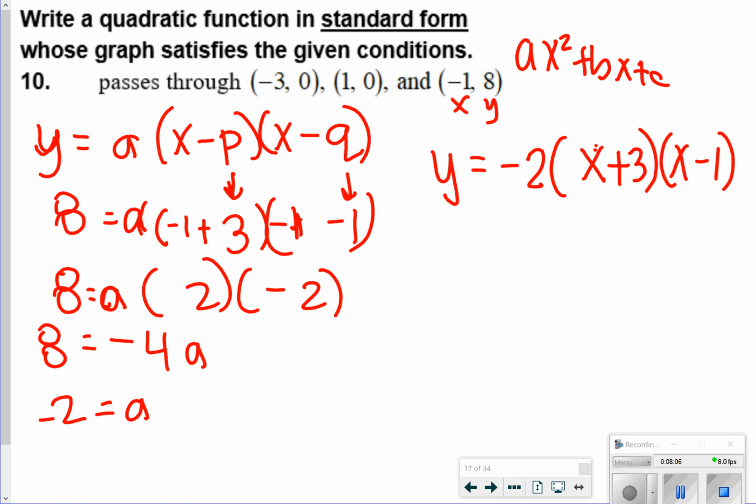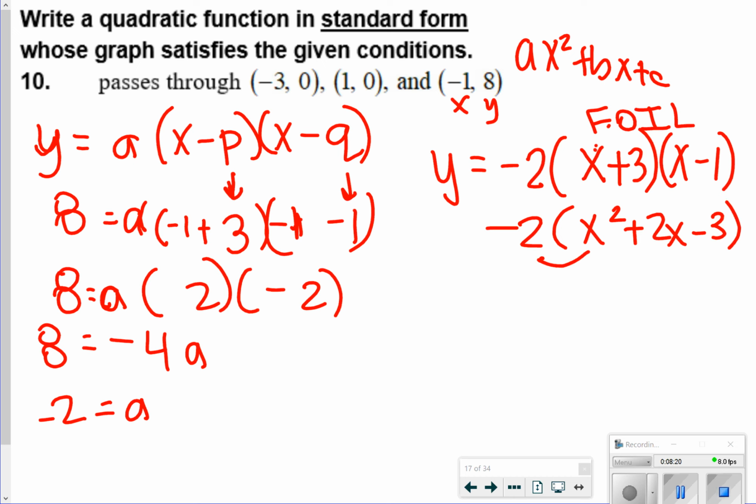And the nice thing here is that we can just FOIL the intercept form to make it into standard. So that'd be negative 2 parentheses x squared plus 2x minus 3. And then if we distribute the negative 2 to everything, we're going to get negative 2x squared minus 4x plus 6. So that would be our function, f of x.